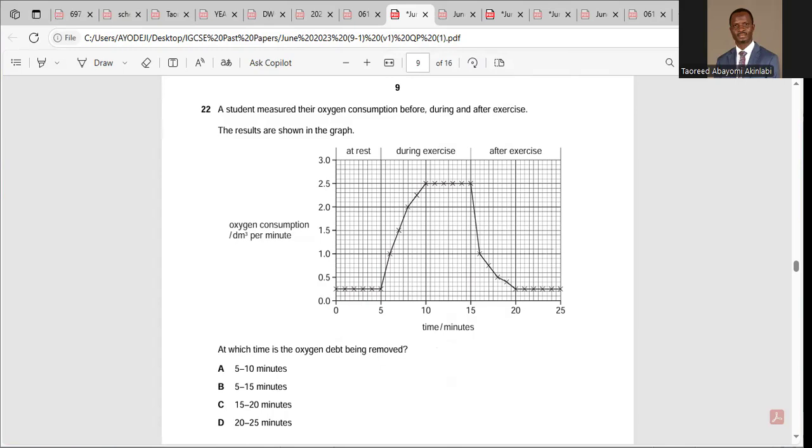And there's been accumulation of lactic acid that needs to be broken down. And that's when you have the oxygen debt being removed, okay? And that is between 15 and 20 minutes from the graph. As you can see from the graph here, after exercise, you have between 15 and 20 minutes. That is when the oxygen debt is being removed.